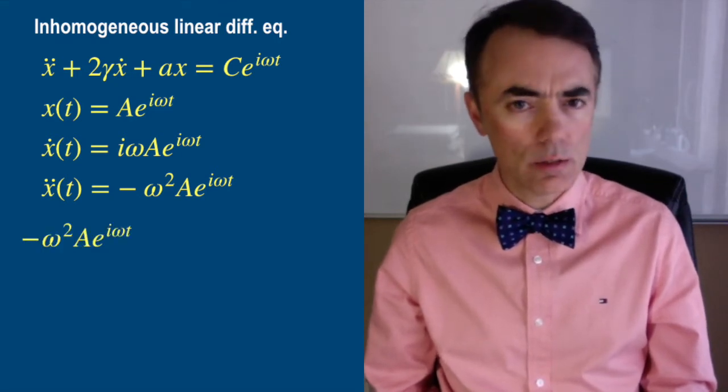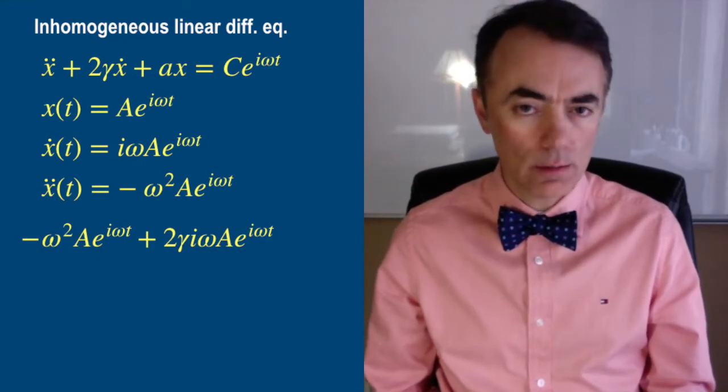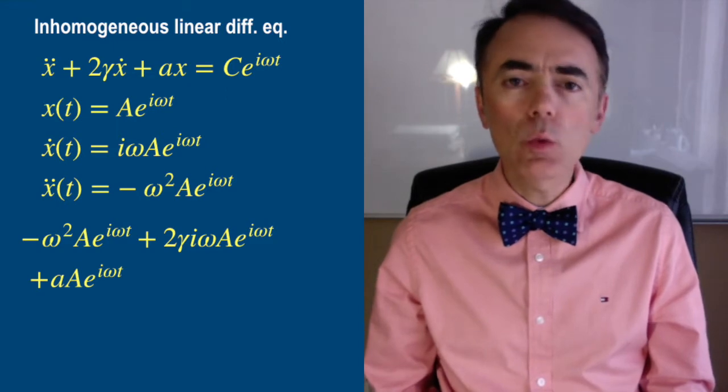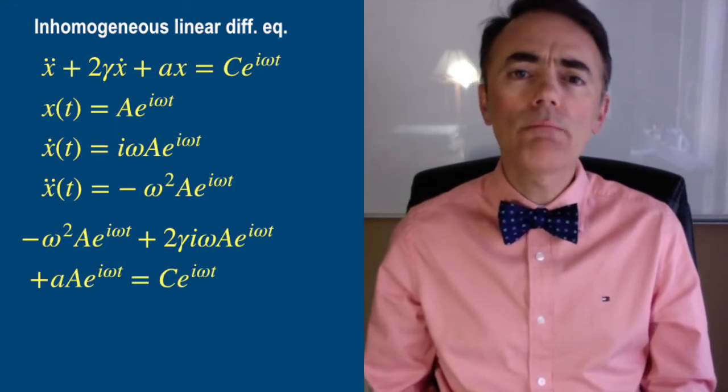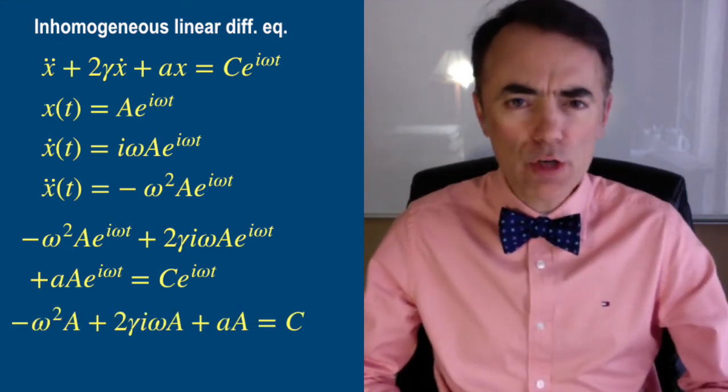x double dot plus 2 gamma x dot plus omega naught squared x equal to C e to the i omega t. Let me remove the exponential.